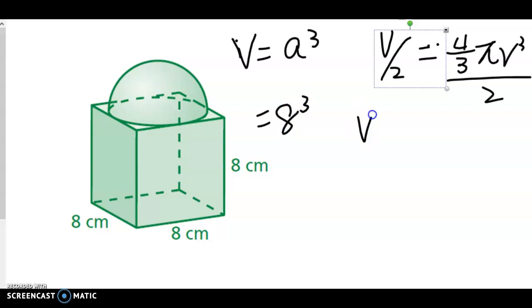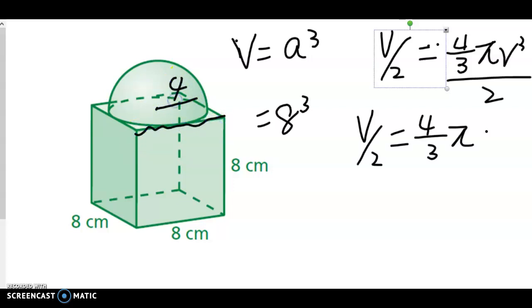And for the hemisphere, it is equal to 4 over 3 pi. For the r, as you see, this is the center of the hemisphere, and we want to find the radius, which is basically half of the side right here, which is 4. So that's 4 cubed over 2.